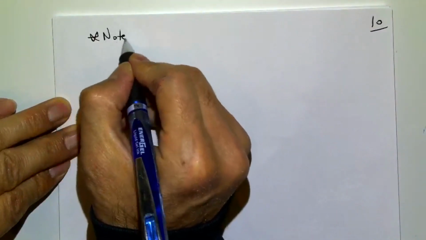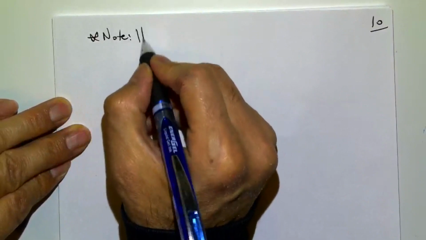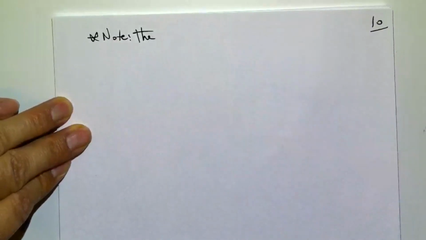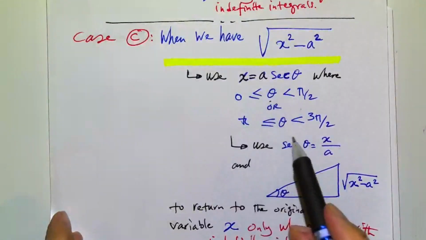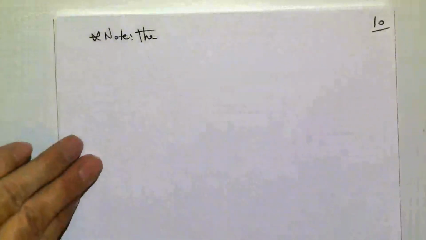And before that, let me give a couple of notes, very important. Note the restrictions on theta that we mentioned. Theta should be between this and that. And we had this for all these ABC cases.